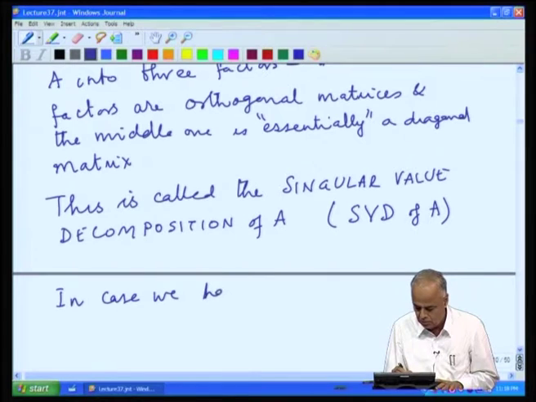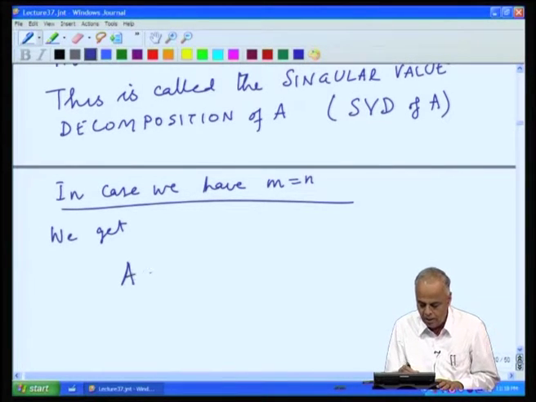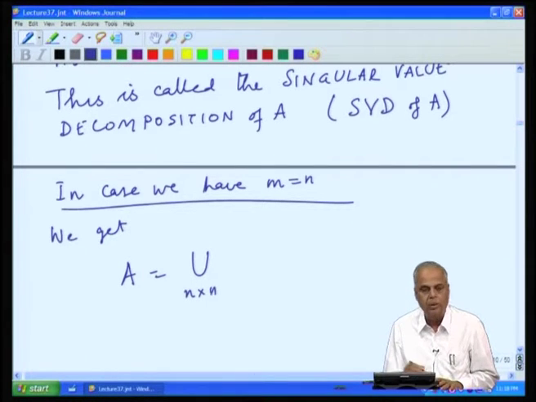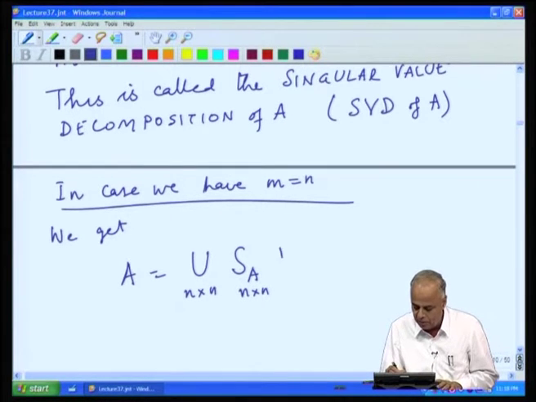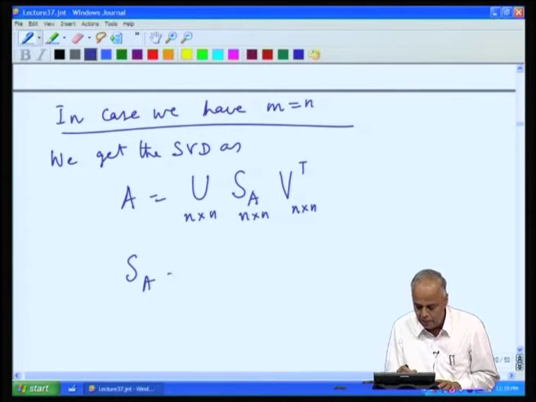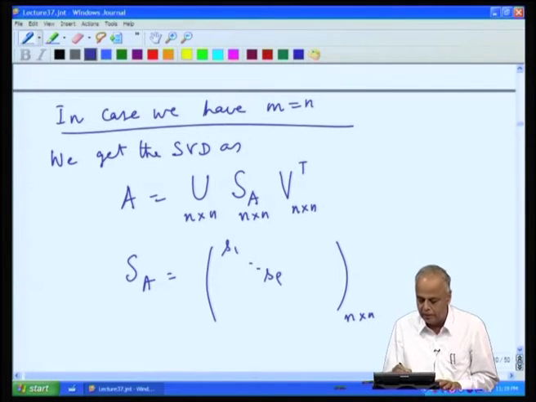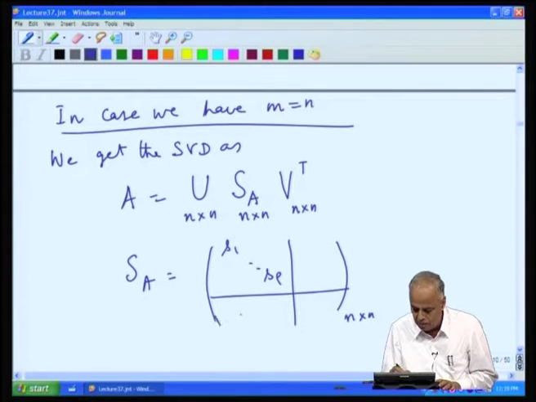In case we have m equal to n, so let us say we have a square matrix, we get A equal to U, which is now an n by n orthogonal matrix, S A, which is now an n by n matrix because m equal to n, and V transpose, which is again an n by n orthogonal matrix. Now, how does S A look like? S A is now an n by n matrix, it has S 1, S 2, up to S rho along the diagonal and all the others are 0.